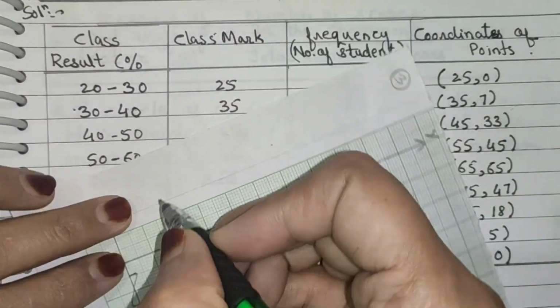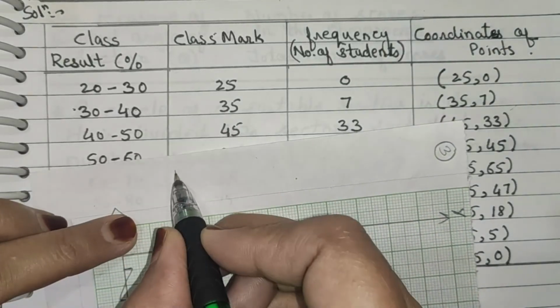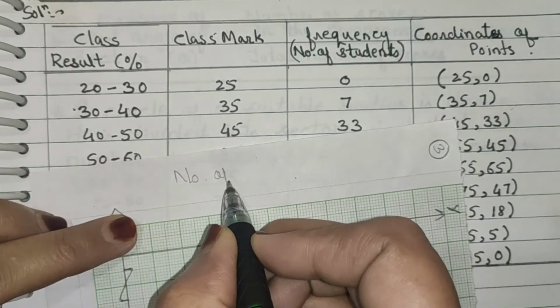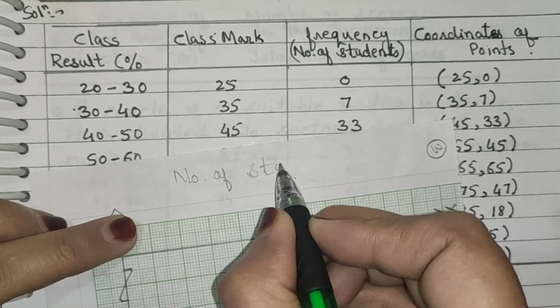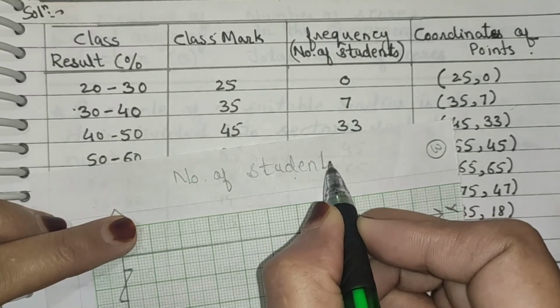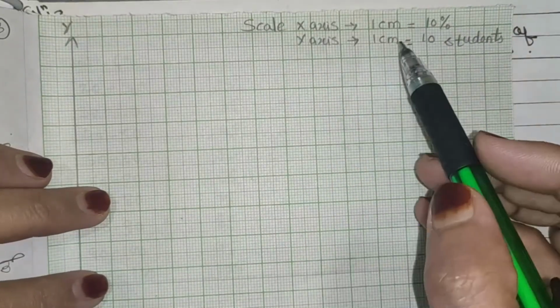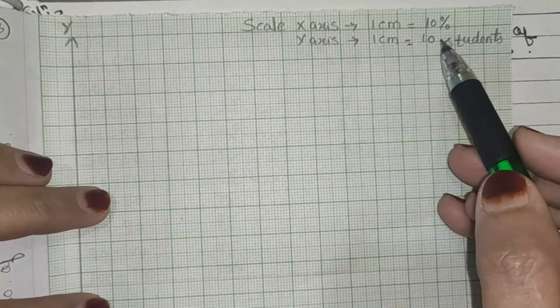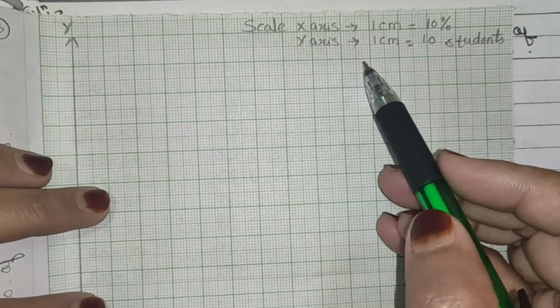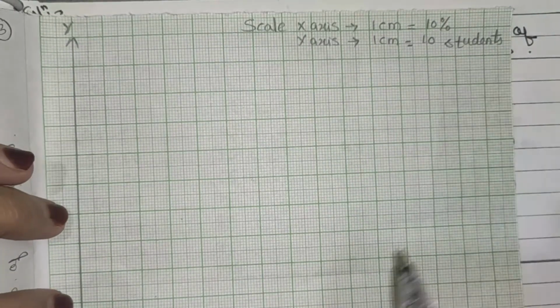And on y-axis number of students. Write down the scale here. On x-axis 1 centimeter is equal to 10% and on y-axis 1 centimeter is equal to 10 students.